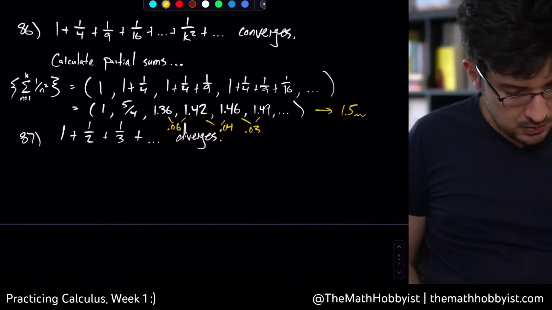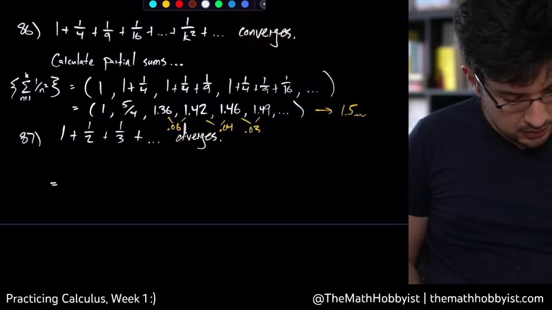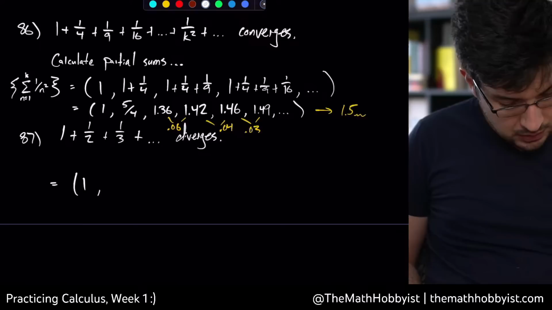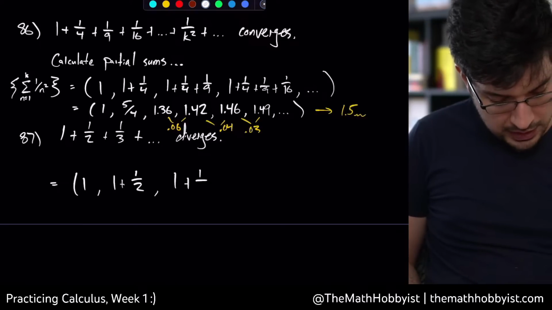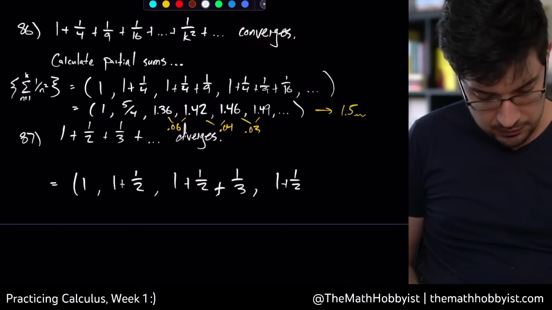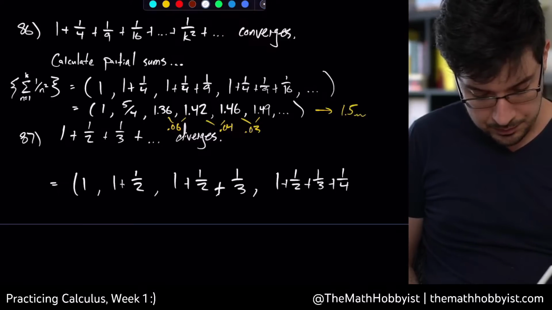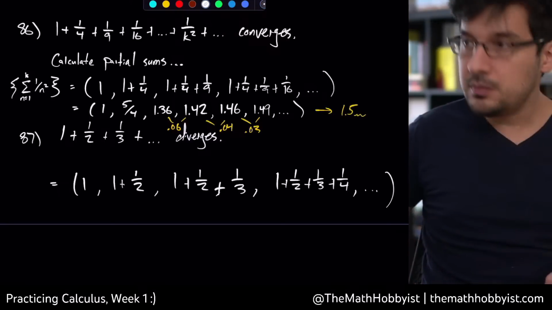And now let's see that this one diverges. 1, 1 plus 1/2, 1 plus 1/2 plus 1/3, 1 plus 1/2 plus 1/3 plus 1/4, on and on.